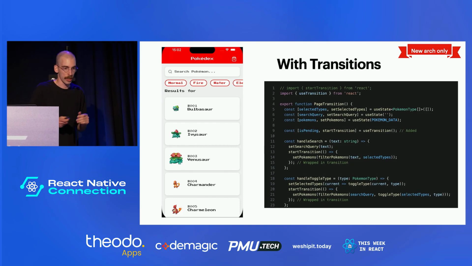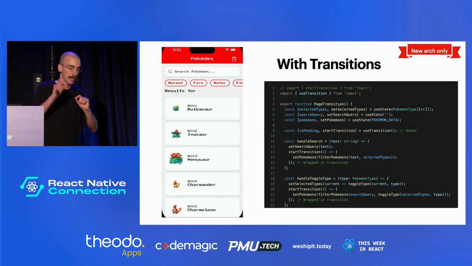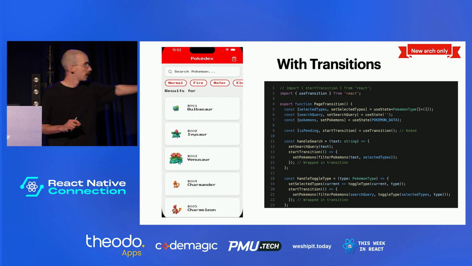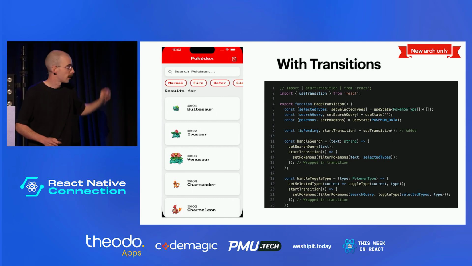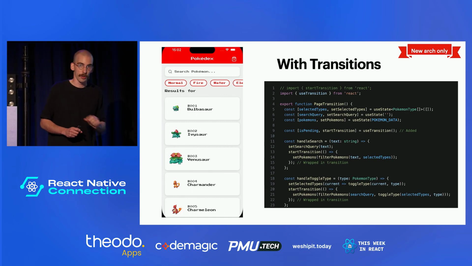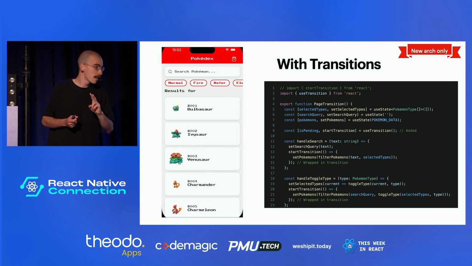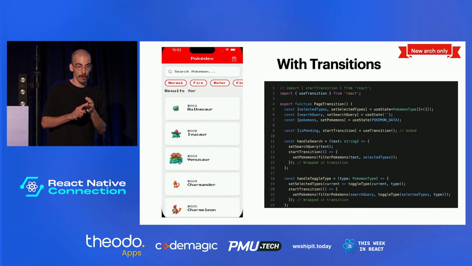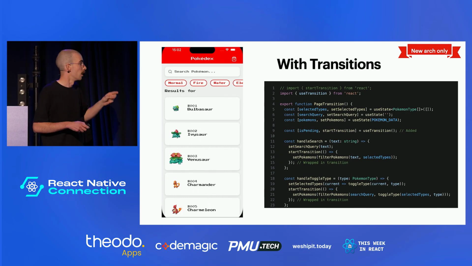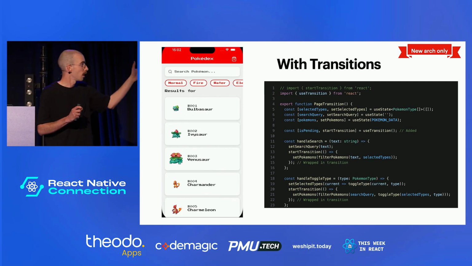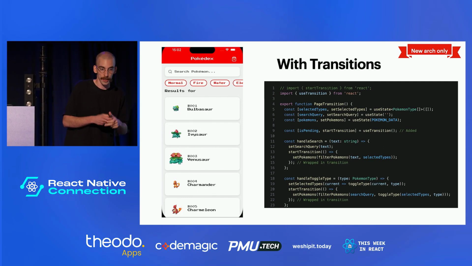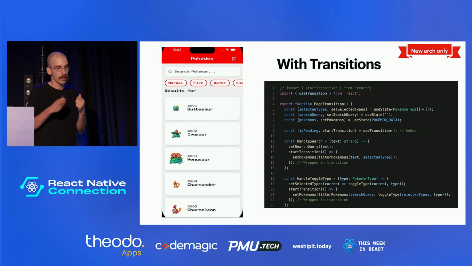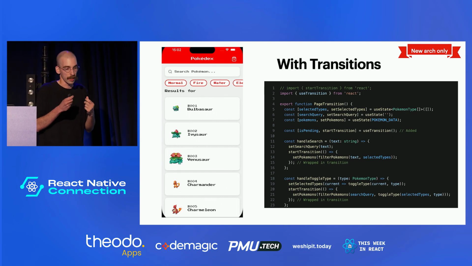So if you want to use transitions, what we need to change is really one thing. We need to wrap the set Pokemons state update with this startTransition function. You can get this startTransition function in two ways. Either you can directly import it from React, or you can get it from a useTransition hook. And this useTransition hook has the benefit of also giving us a Boolean that I called isPending, which can tell us when we are actually rendering something inside the transition.